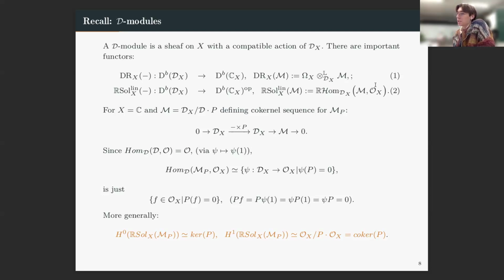So the cohomologies of this are the Ext groups, homologically speaking, and they have nice interpretations. For very simple cases here, you get the kernel and the cokernel of your operator. And so the higher Ext, so Ext^1, which would be H^2, and so forth, are higher order compatibility conditions.